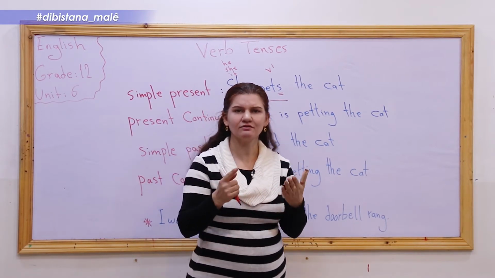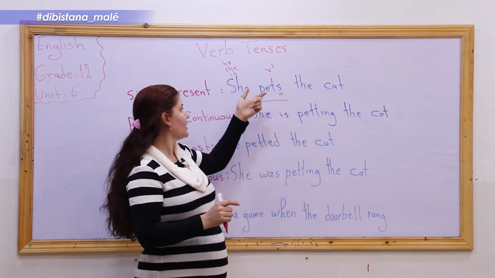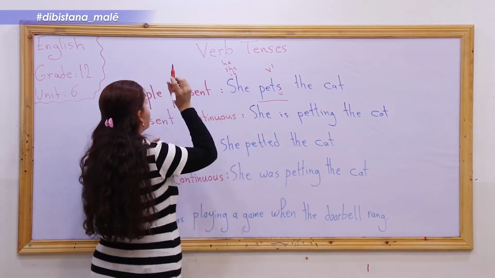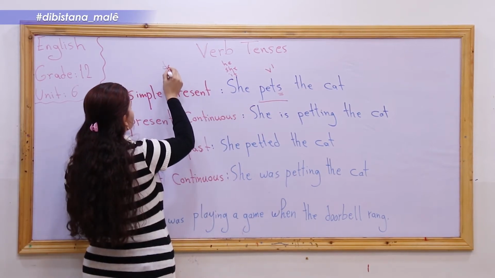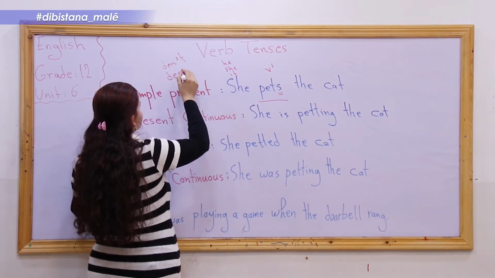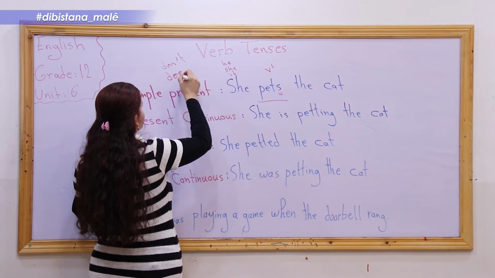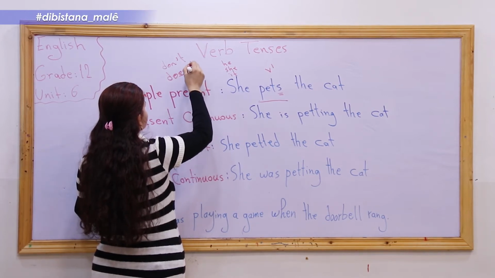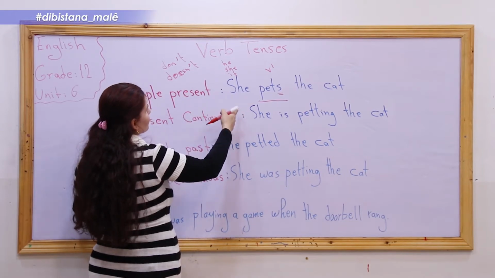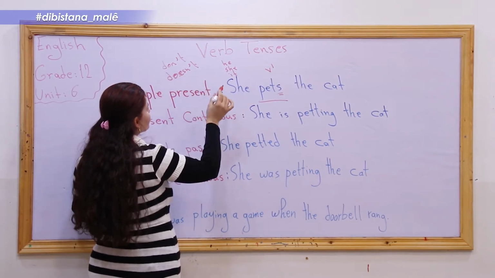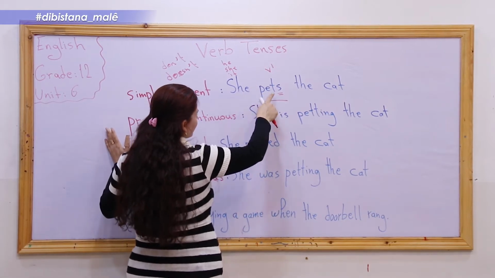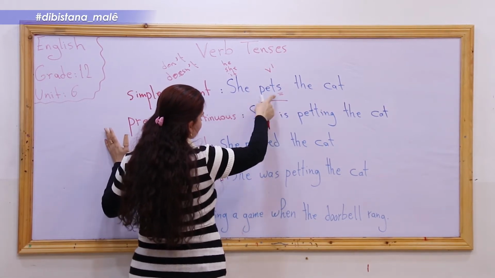So the negative in simple present, we use don't or doesn't. Between the subject and the verb, after the subject and before the verb.